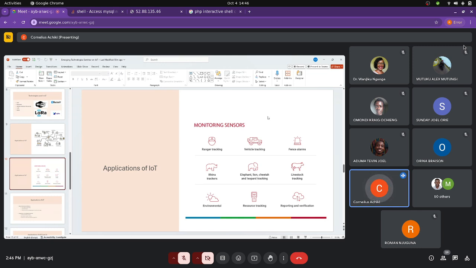This is so that they're able to know at any one time where their ranger is. So their mobile devices are IoT enabled. In their vehicles, once they're moving around tracking animals and the likes, their vehicles also have some IoT devices in them. You have fire alarms.